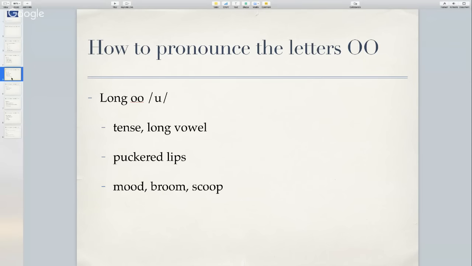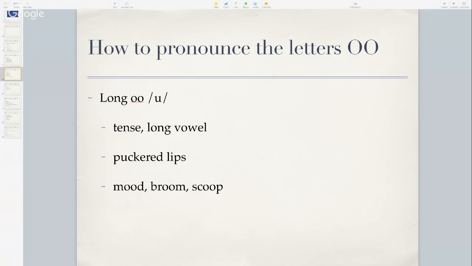And let's move to the next one. We have the long ooh sound. And let me show you my face for this one. And for this sound, these two sounds look similar, the short and the long ooh. And I think the reason they look similar to a lot of people is because both of these sounds are made with rounded lips, but you can see the difference.